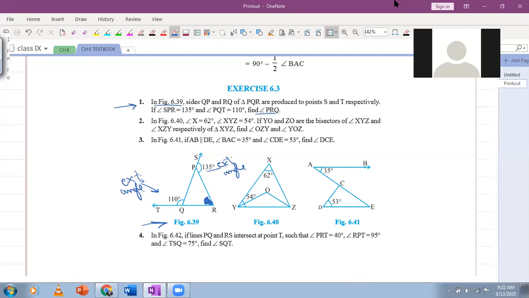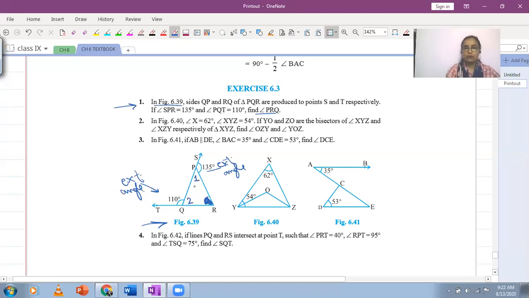We can use the exterior angles with the help of linear pair, and then both the angles are available. We can use the angle sum property to find the third angle. So we can take this as 1, this as 2, find 1 and 2, and then find the required angle, right?